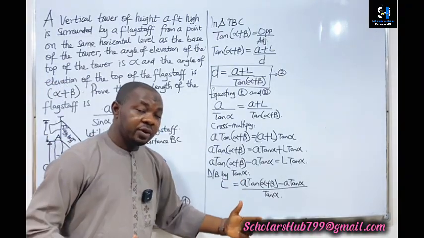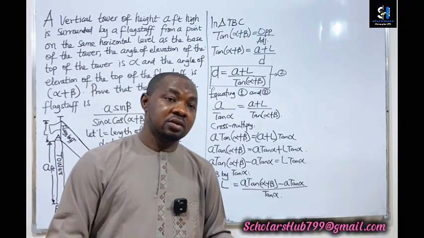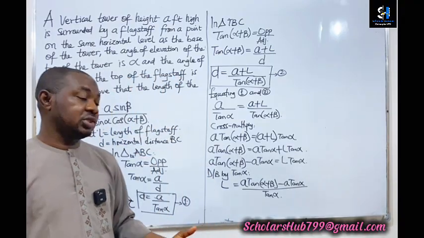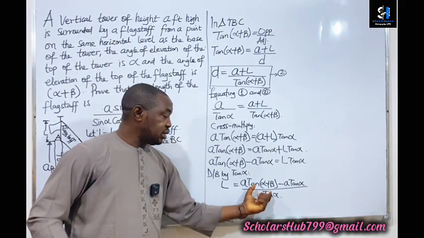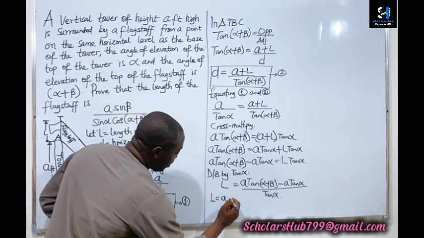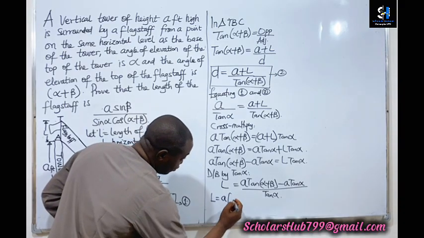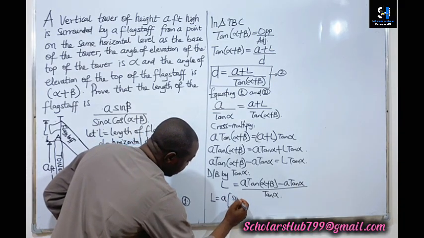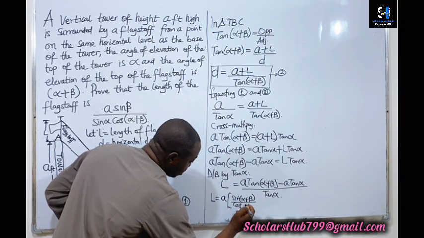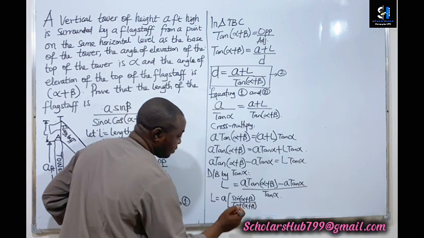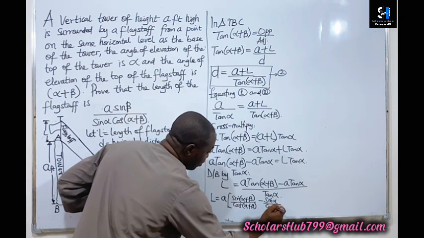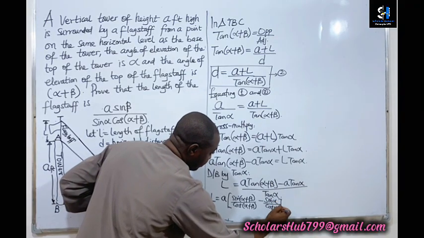Let's not forget the definition for tangent: if you have tan theta, that will be sine theta over cos theta. So I'm going to write this in terms of sine and cosine. That means L equals A open bracket sine alpha plus beta over cos alpha plus beta minus sine alpha over cos alpha.